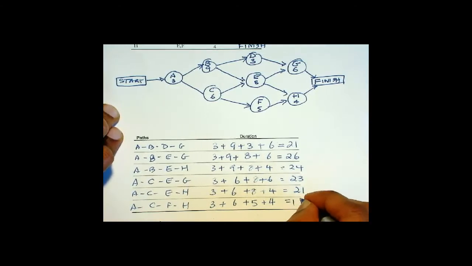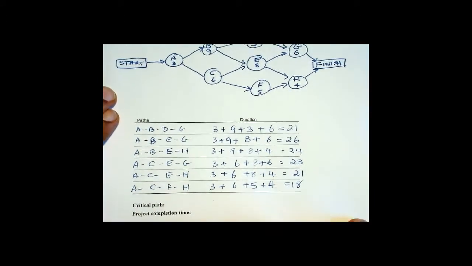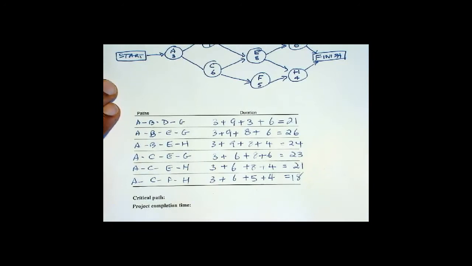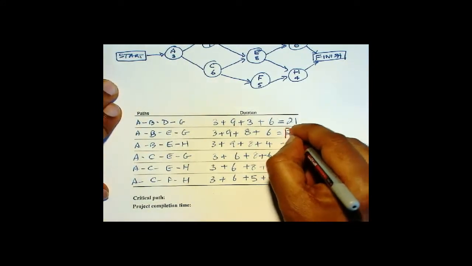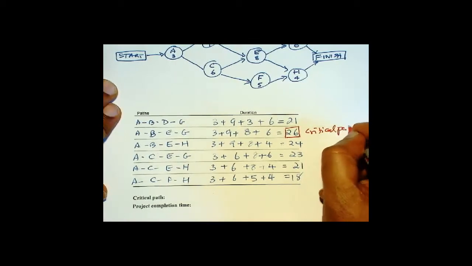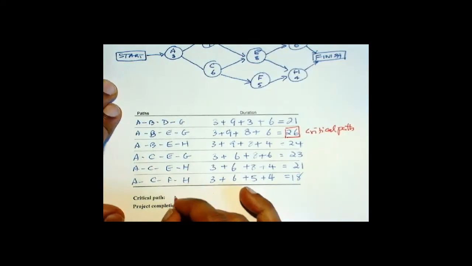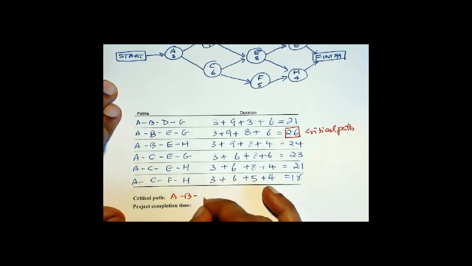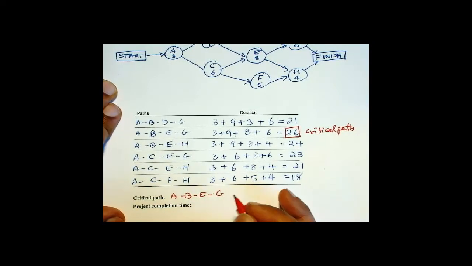So now the longest path, that is our critical path. So critical path is A, B, E, and G. The project completion time is 26 weeks.